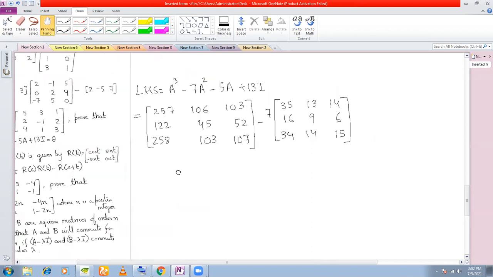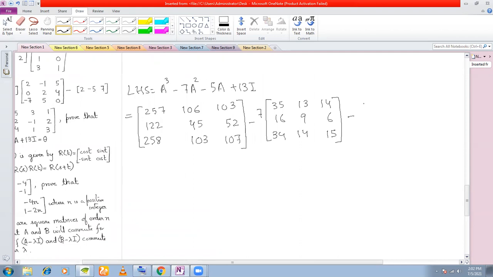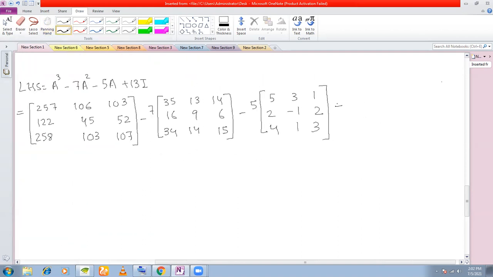Minus 5A, and the matrix A was given to us as 5, 3, 1, 2, minus 1, 2, 4, 1, 3. And also you have 39 times the identity matrix I. This time the identity matrix I is of order 3. So 39 times 1, 0, 0, 0, 1, 0, 0, 0, 1. Okay, this was a matrix.